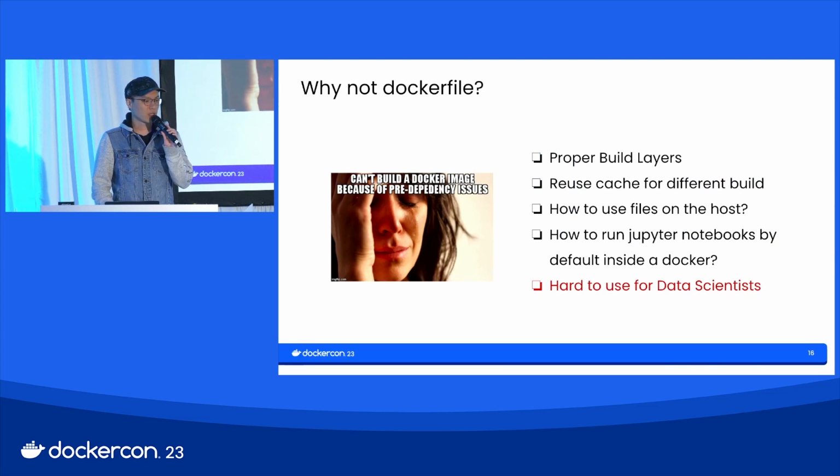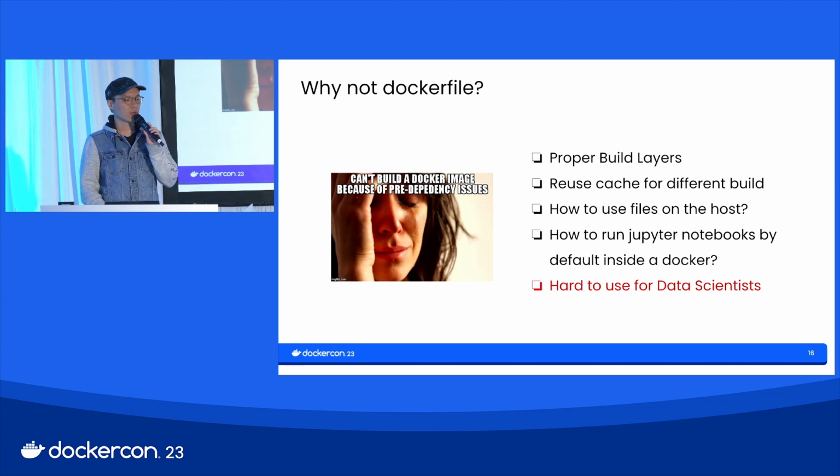And the second problem is we think the domain knowledge of Dockerfile is not so suitable for data scientists. As I mentioned, data scientists are good at algorithms, they are good at math, they are good at modeling.